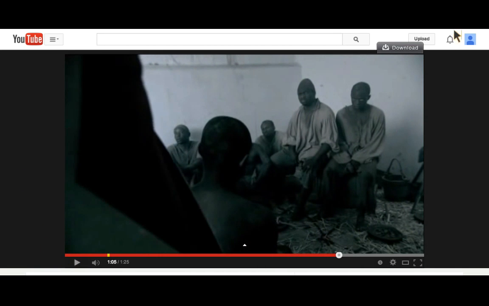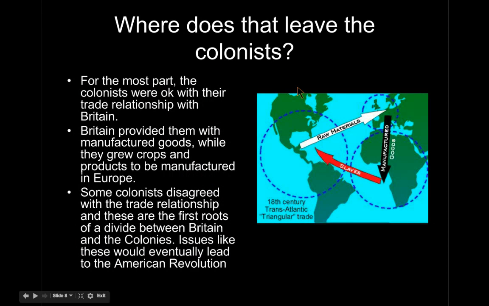Okay, that's enough of that. So where does this leave the colonists? For the most part, the colonists were okay with their trade relationship with Britain. After all, Britain provided them with manufactured goods, which were pretty high quality, while they grew the crops and products to be manufactured in Europe.